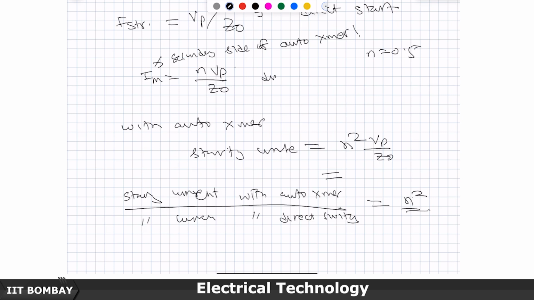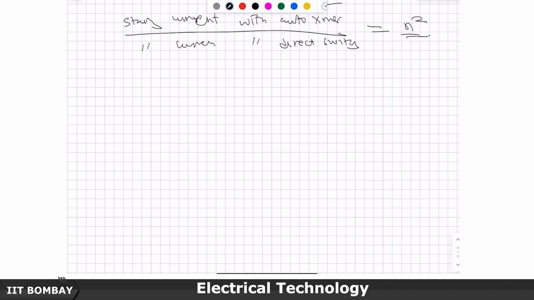So suppose you want a cheap solution to it. The cheap solution will not be as good as the solution that I am talking about, but suppose you want a cheap solution, then you could also opt for a star delta starter.